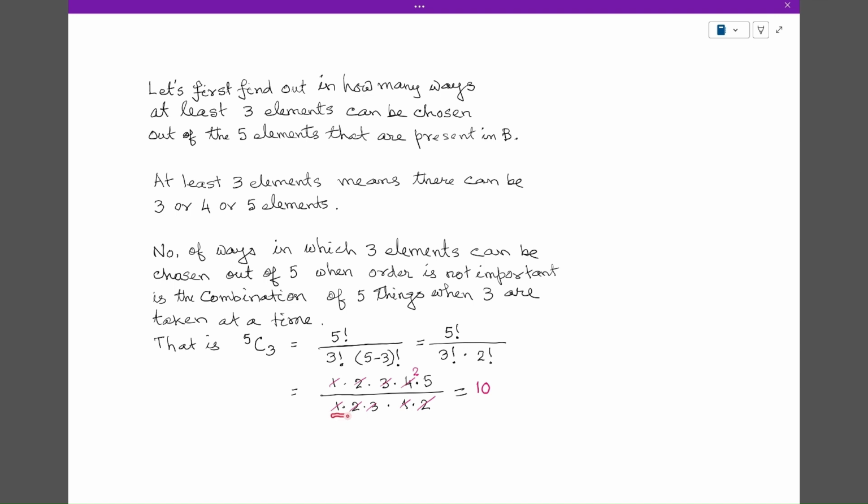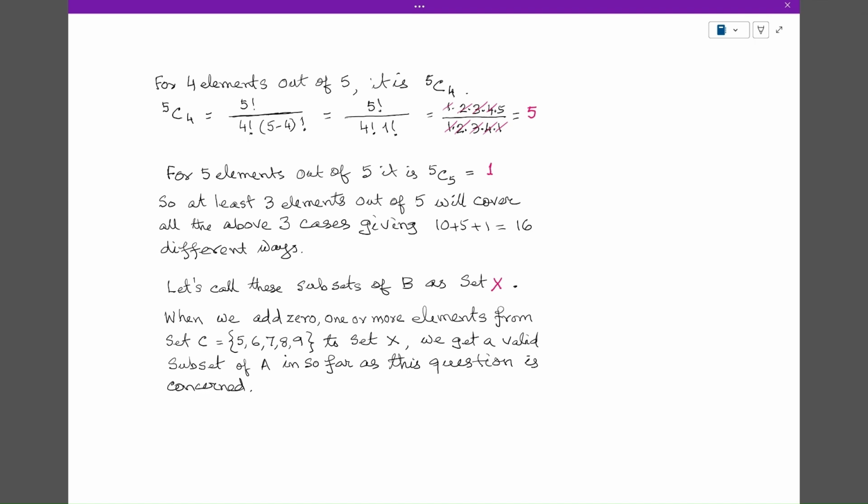Factorial of 3 is 1 multiplied by 2 multiplied by 3. And factorial of 2 is 1 multiplied by 2. So we have written down these numbers explicitly, and some of them will cancel out, giving us a result of 10. So 5C3 is 10. Or there are 10 ways in which we can select 3 objects out of 5.